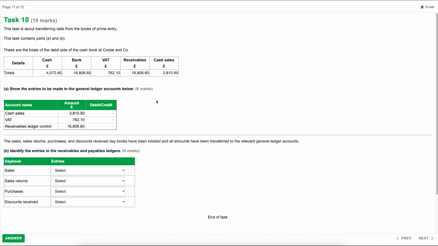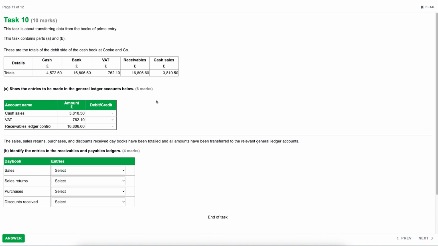Think about your receivables ledger control. It's the same as what I mentioned earlier within the mock. This is the recording of the payment from the customer. So we would record that by debiting our bank account for this £16,806.60, and we would credit our trade receivables or our receivables ledger control account to lower that asset account.